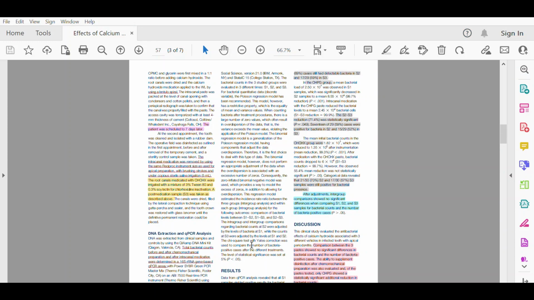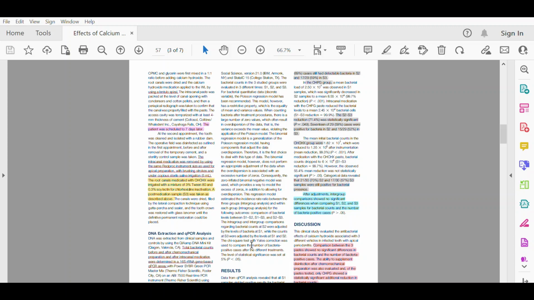In the results, in the first group 69% of cases still had detectable bacteria in the second sample, and it reduced to 59% in the third sample. In the second group, 59% of cases were positive for bacteria in the second sample and reduced to 52% in the third sample.